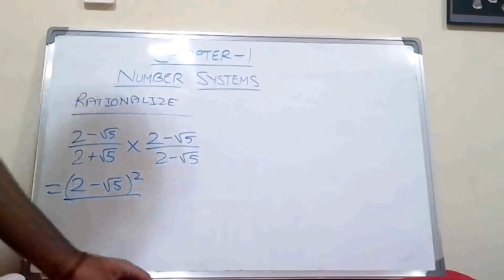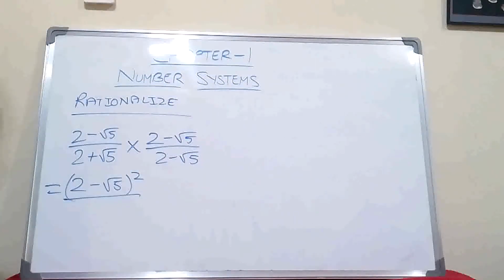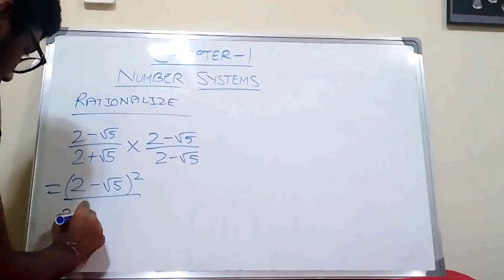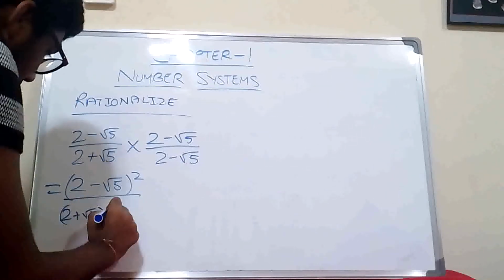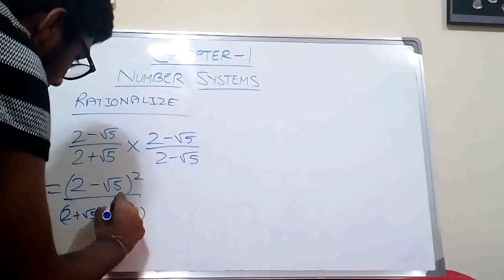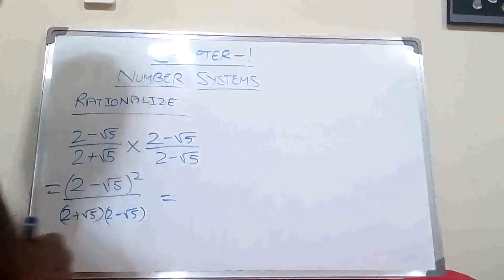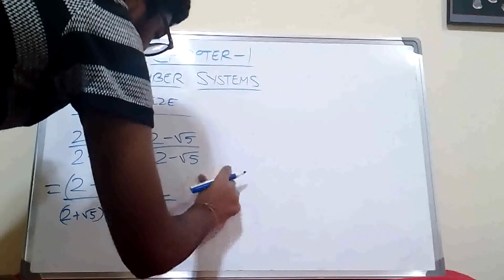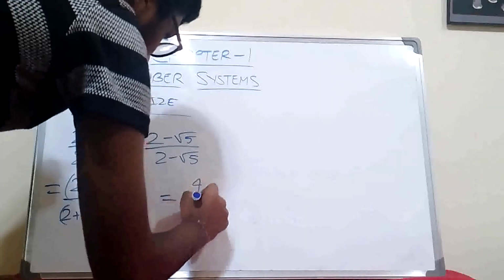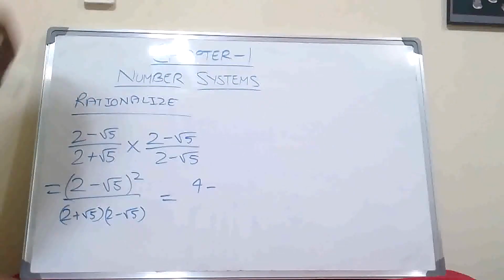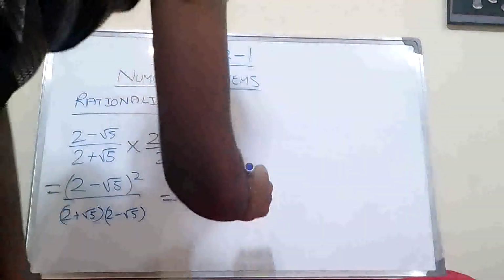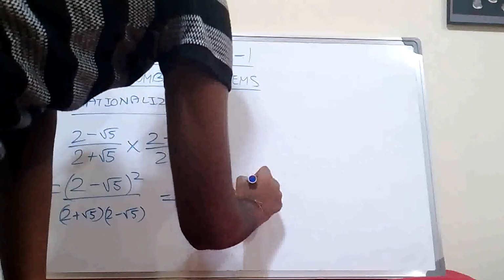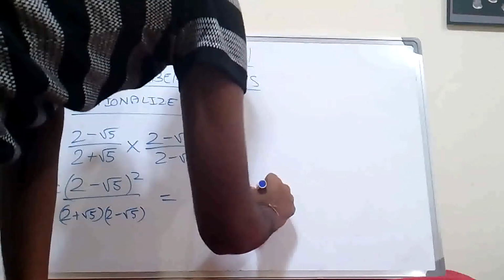So here the denominator will be 2 plus root 5 into 2 minus root 5. So using the identities as we learned, the numerator will be 2 square, which is 4, minus 2 into 2 into root 5, so it will be 4 root 5, plus root 5 square, that is 5.